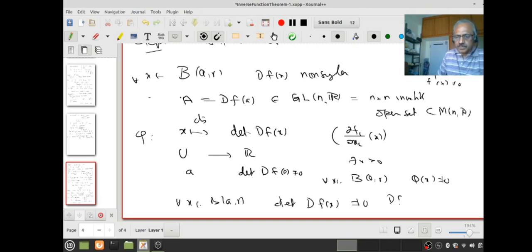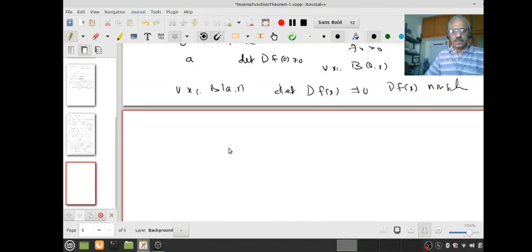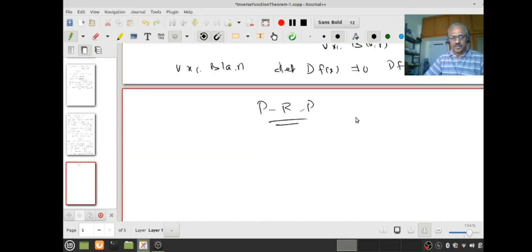That means df x is non-singular. Do you understand the proof? Okay, so pause, review, proceed. So this is analogous to what we did in one variable. Keep that in mind, so you'll really appreciate the proof.